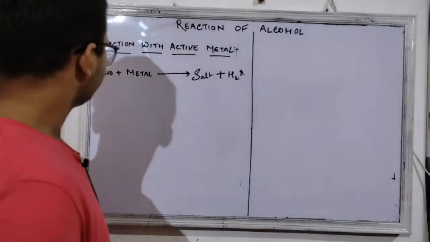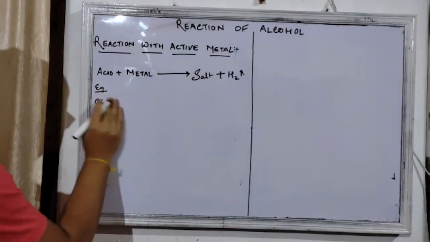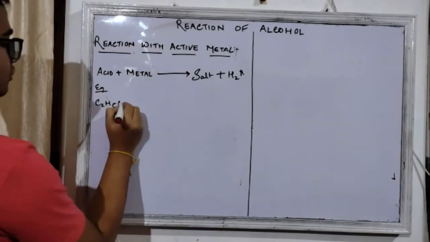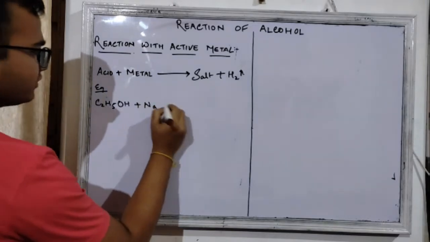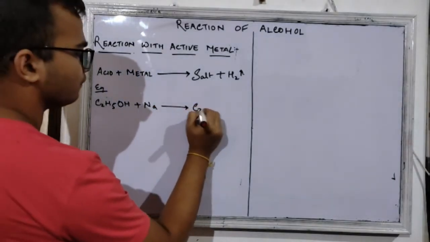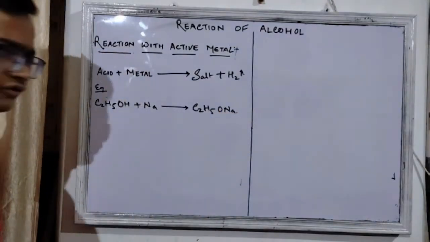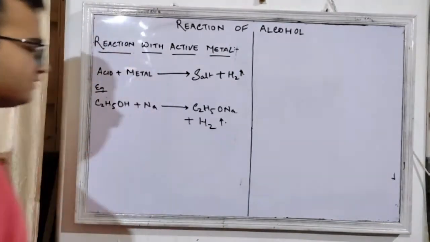So if you take the example of C2H5OH plus any metal, if that is sodium, an active metal, it will be C2H5ONa, which is sodium ethoxide, plus H2 will be liberated as gas.